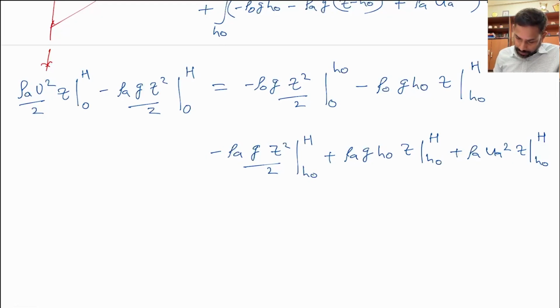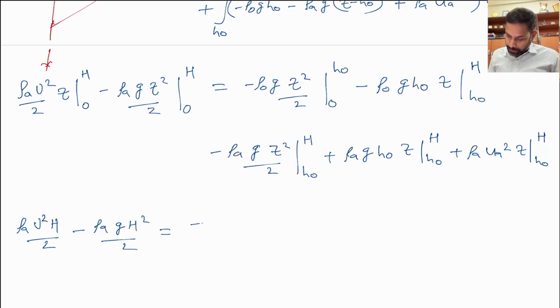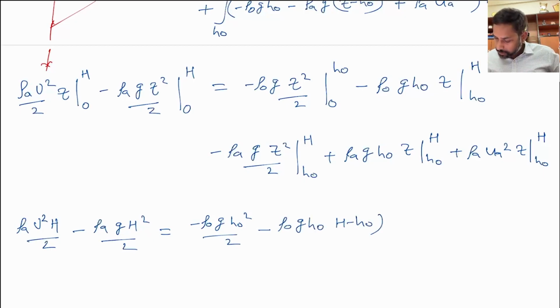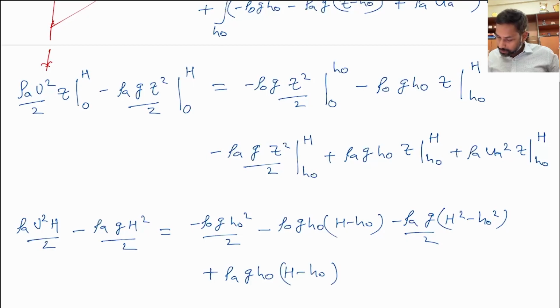So the first term becomes rho a U square capital H by 2 minus rho a g capital H square by 2 is equal to minus rho naught g h naught square by 2 minus rho naught g h naught (capital H minus h naught) minus rho a g (H square minus h naught square) by 2 plus rho a g h naught (capital H minus h naught) plus rho a ua square (H minus h naught).